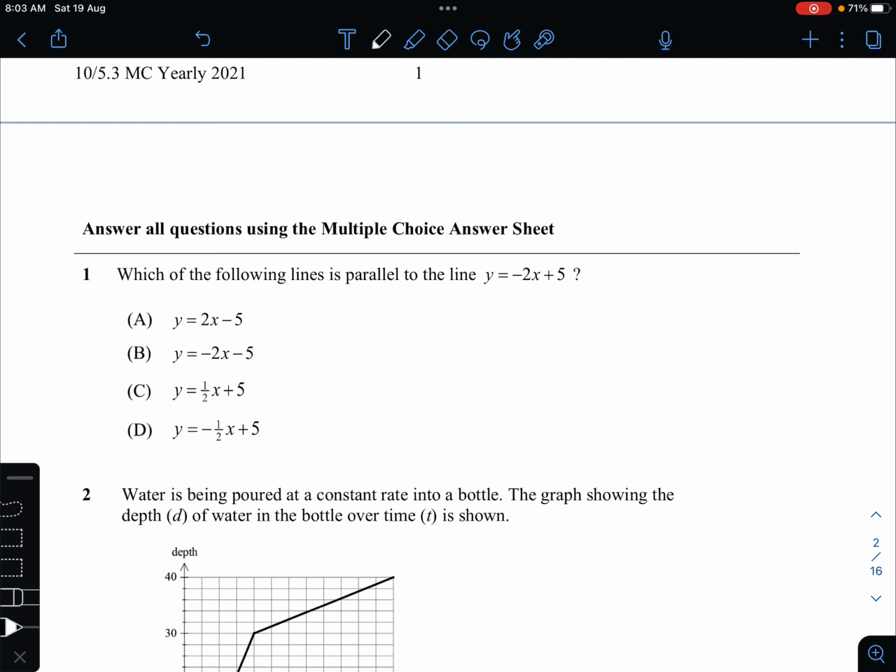So starting off with question 1, which of the following lines is parallel to the line y equals negative 2x plus 5? So, just to start off, parallel means if continued, never intersect.